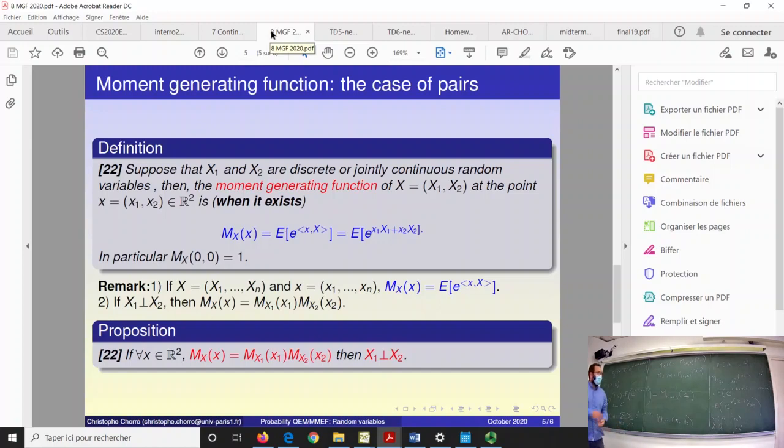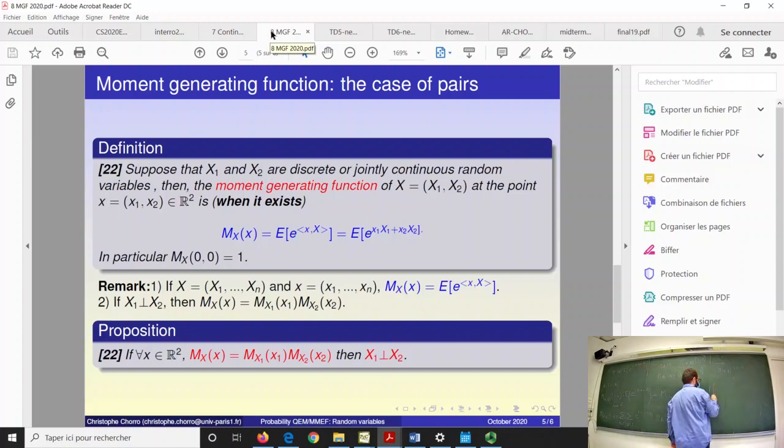Okay? If I am in the continuous case, that is the case where the pair x1, x2 has a joint density function, then if I want to compute the moment generating function, it will be a double integral.